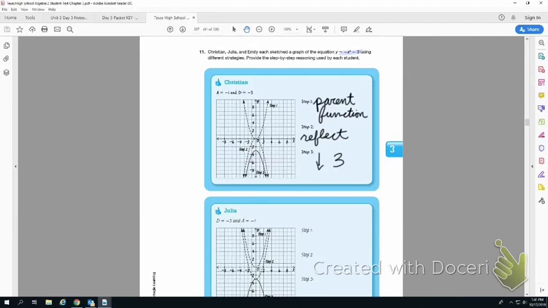Coming down here to Julia, the first thing this person did, again, was to graph the parent function. But then the next thing this person did is they moved it down 3 units.